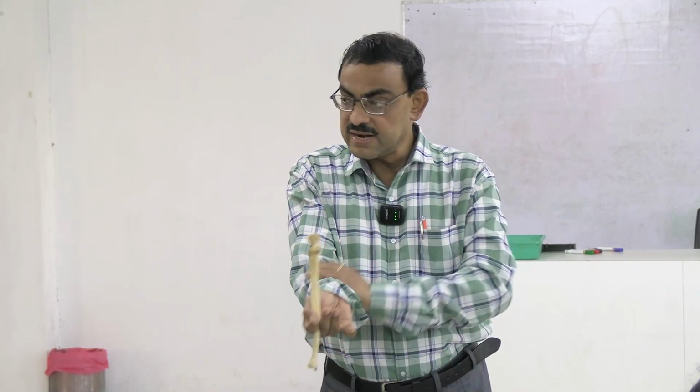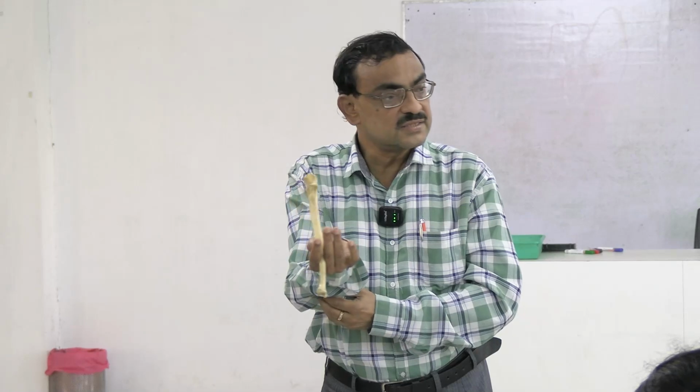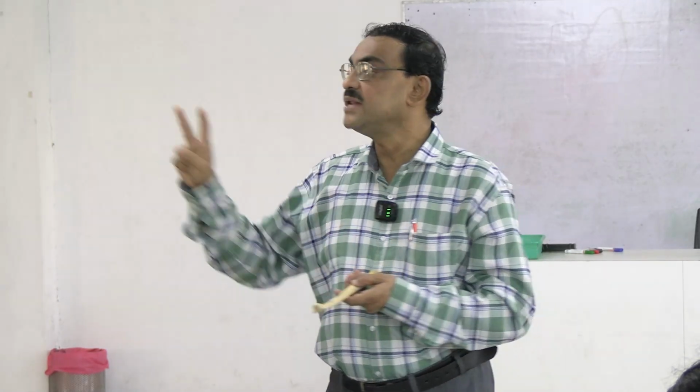There are so many hybrid muscles. Like in forearm, there is flexor digitorum profundus. I told you there are some superficial flexors, there are some deep flexors. So that deep flexor, which is called flexor digitorum profundus, is also supplied by two nerves.